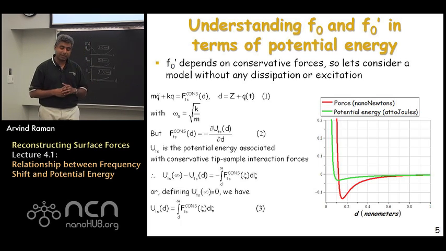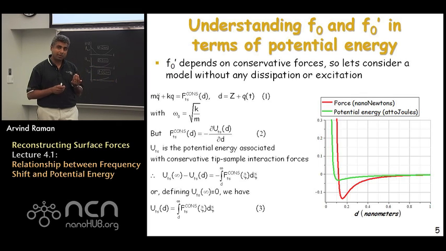So we have, in terms of electron volts, the potential energy corresponding to this tip sample interaction force model. The details of the model used for this graph are again shown in the appendix, but the thing I want to bring to your attention is that the tip sample interaction force is the gradient of the potential energy function.